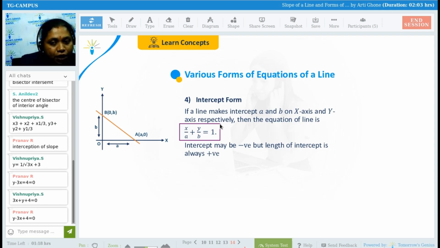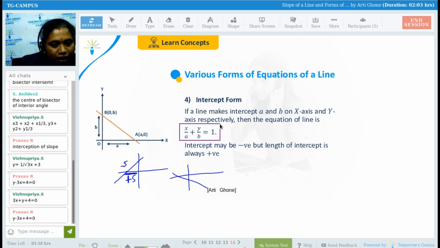So intercept may be negative but length of intercept is always positive. Means what? If we are creating such a kind of geometry, then this is positive only. Clear? Modulus will be taken. If it is intercepting at minus 5 position, so it is plus 5. Clear? Got it? Clear?